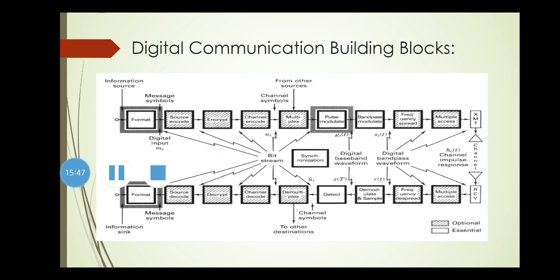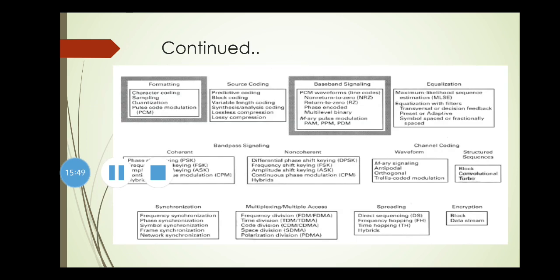Now let us look at the next section, which covers the contents of each one of the blocks. The procedures that are followed in each block are represented here. We will be concentrating mainly on the formatting and the baseband signaling. In formatting, we are going to learn about character coding, sampling, quantization, encoding processes, and then the pulse code modulation technique.